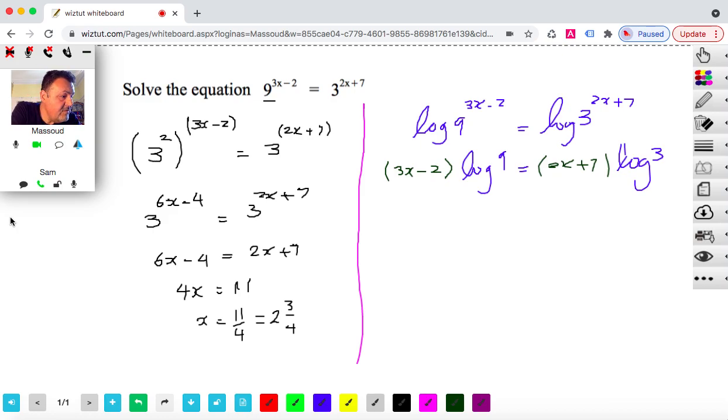Let's write the 2x a little bit nicer so it's more visible.